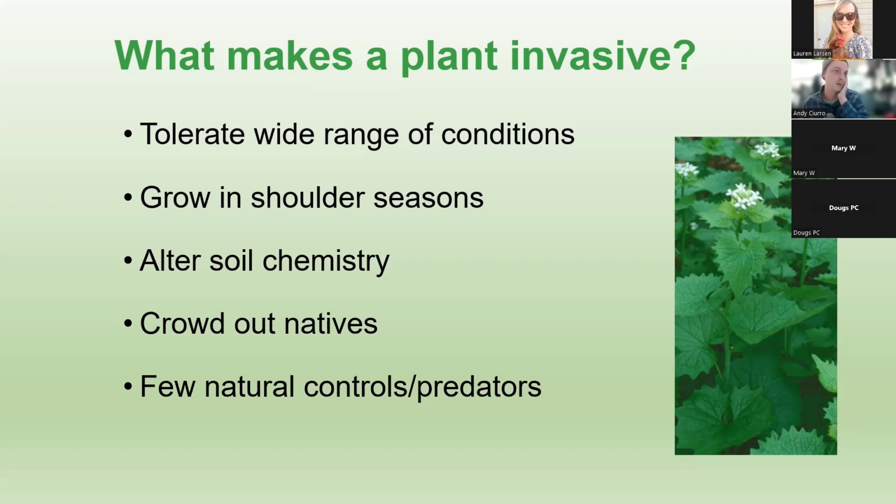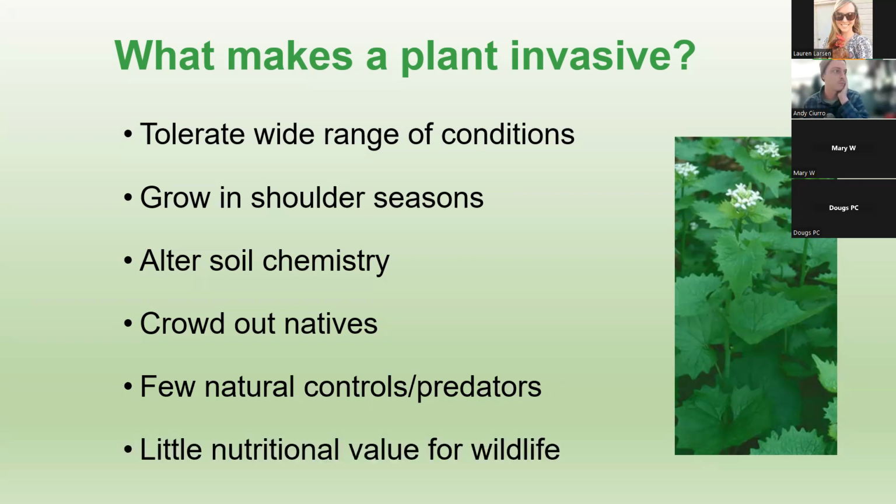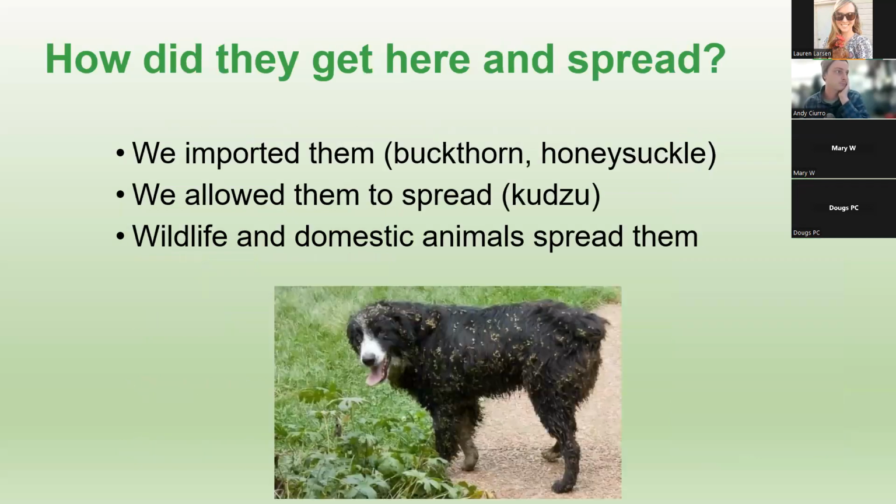So there's nothing out there to keep them in check besides us. They also provide little nutritional value for wildlife, so deer and birds will only eat them as a last resort, if they're really hungry.